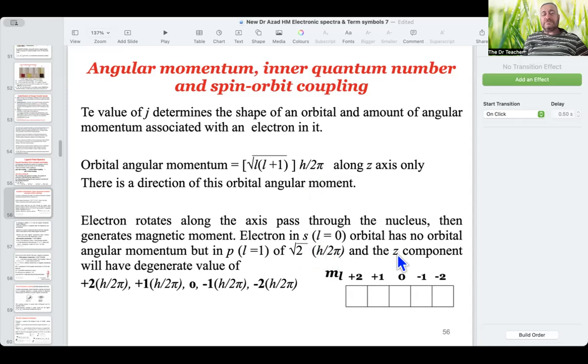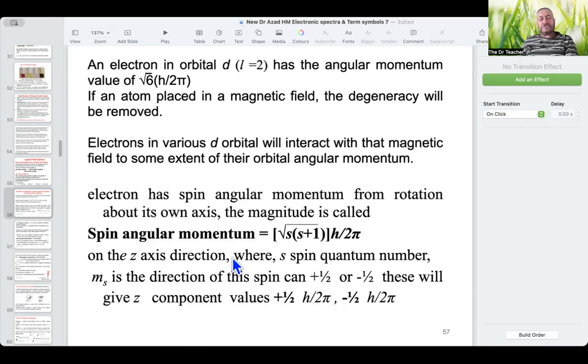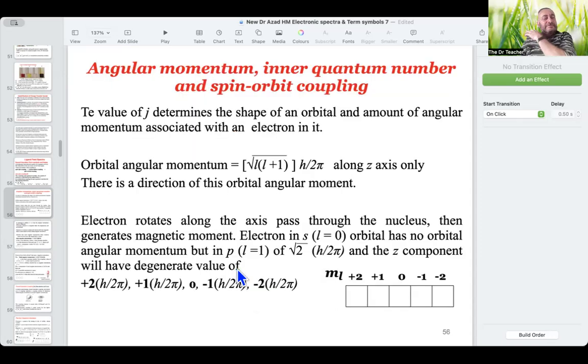The z component will have degenerate values. Here we have the ML, and this belongs to d: plus 2, plus 1, 0, minus 1, minus 2.